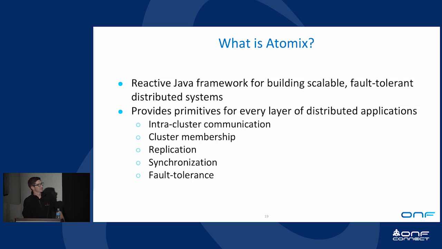So what is Atomix 3 today? I call Atomix 3 a reactive Java framework for building scalable, fault-tolerant distributed systems. And it provides primitives for every layer of a distributed application. So it provides intra-cluster communication, cluster membership, replication, synchronization or coordination primitives, and fault tolerance mechanisms.